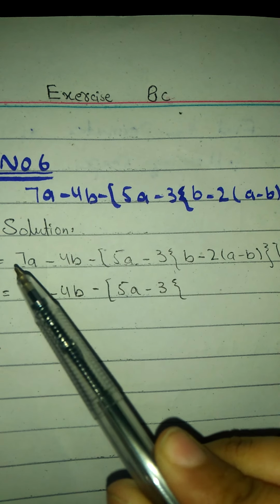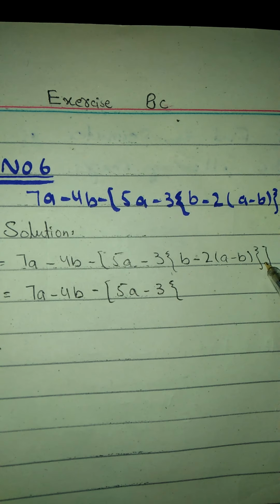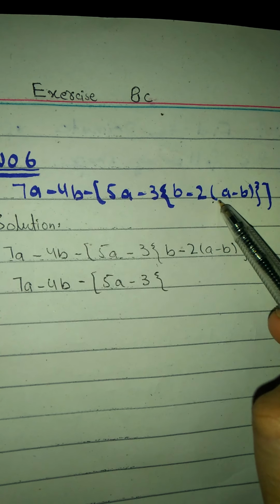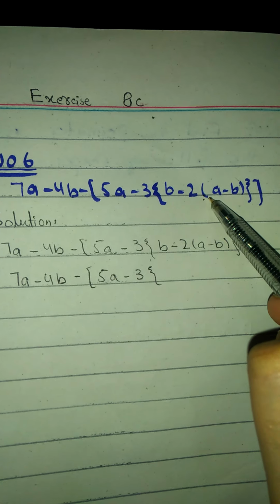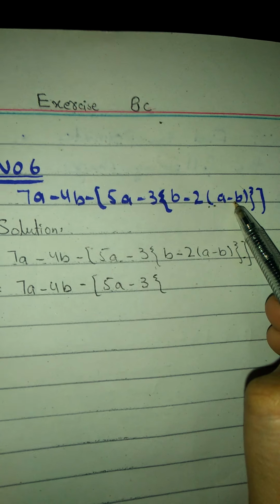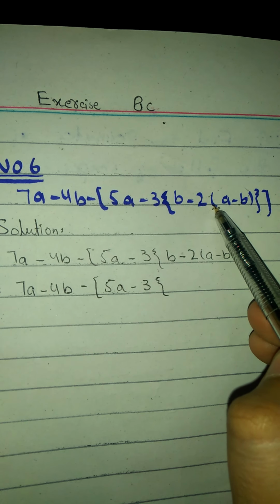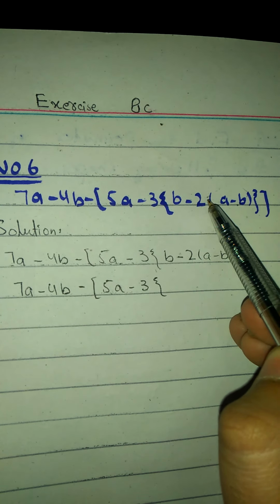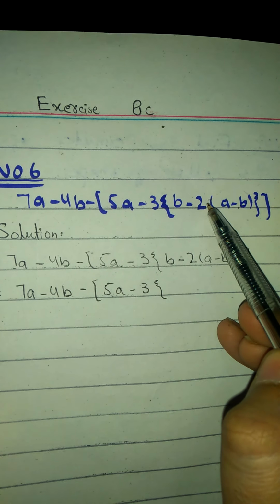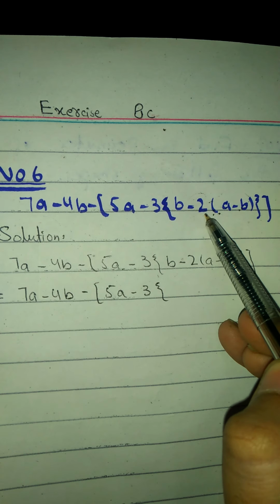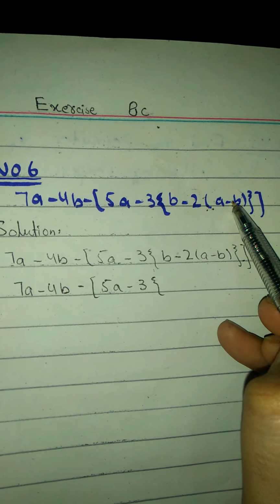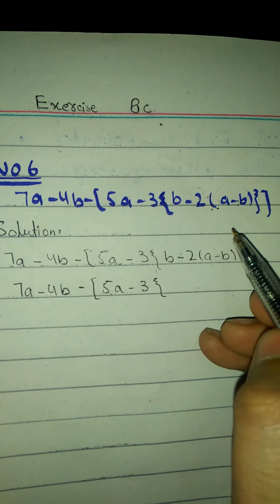In the solution, first we will write the problem as it is in the first step, and then we have to solve the parenthesis first. So these are the unlike terms, we cannot solve them. In order to take off the parenthesis, we will multiply each of the terms with 2, because when a number is given outside of the bracket, we will multiply it with each term inside the parenthesis.